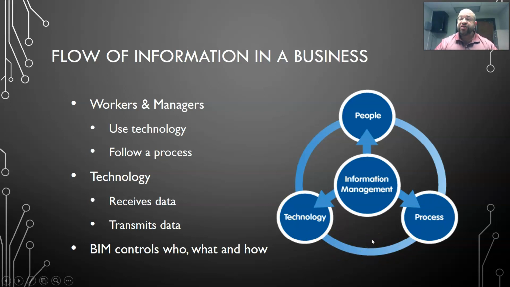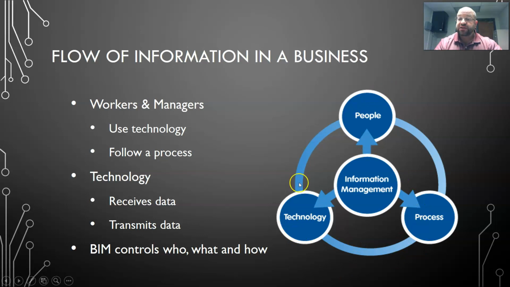Example, if I had voice over internet phones and each office or each desk had its own phone, what would the process of that technology be to make a call? Or if the manager wanted to use a tablet on the business premises, what would the process of that tablet be to access the information on that technology?